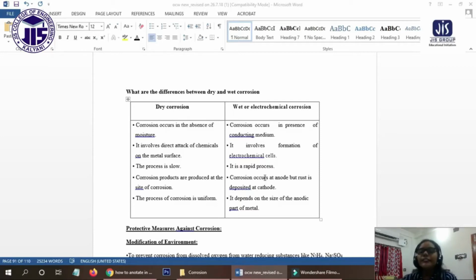So all these things construct a cell-like structure. That is why it is called electrochemical corrosion.